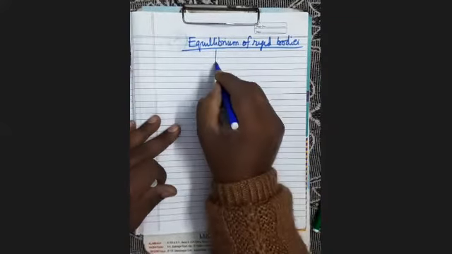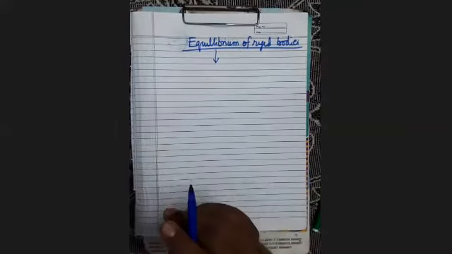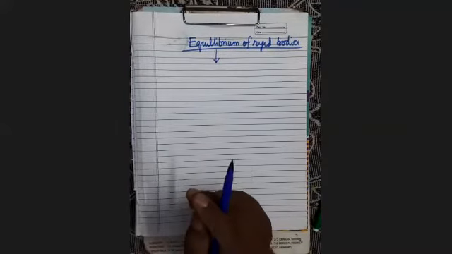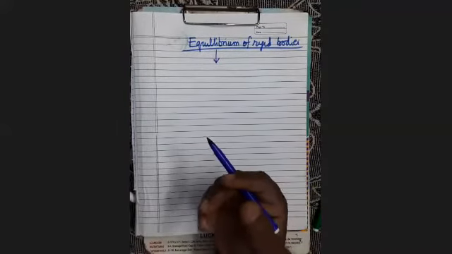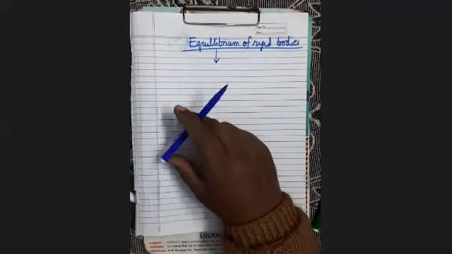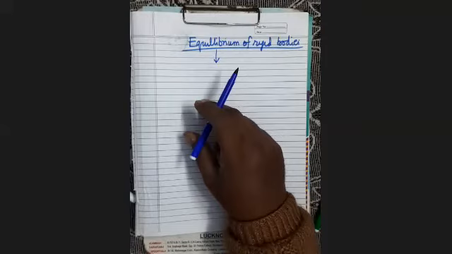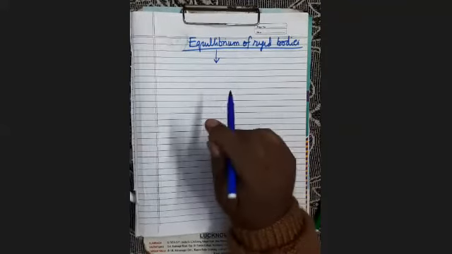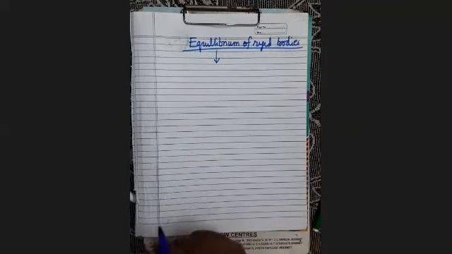Now equilibrium means if the state of any body, state means state of rest or state of motion, does not change on applying a number of forces or a number of torques on the body, then we say that body is in equilibrium under the influence of those forces.